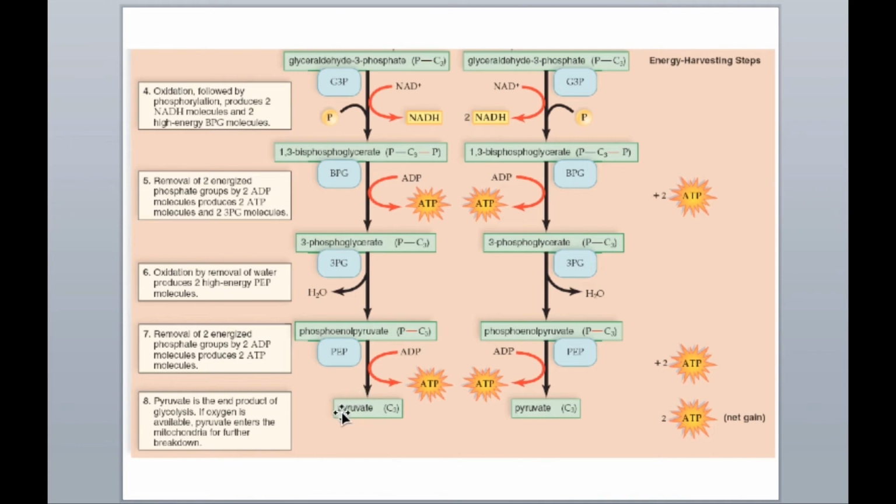And this is kind of important too, when we get to aerobic metabolism, this is going to be 2 separate pathways. Whatever we do on this side, we're also doing the same thing on this side. So that's beneficial for producing ATP. Not only do we get 1 ATP created in this step, we actually get 2 because we have 2 separate pathways since it's split right here.